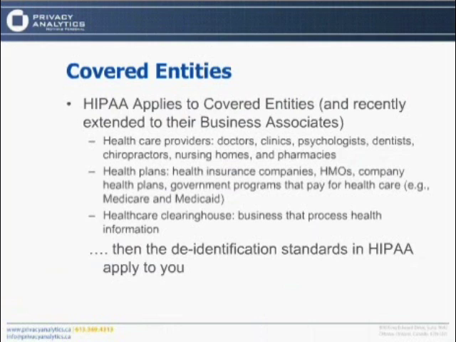And more recently, HIPAA has been extended to apply to business associates, who are essentially subcontractors to these covered entities. If you're not within the scope, then HIPAA would not apply to you. So all the de-identification standards or regulations under the HIPAA Privacy Rule would apply to covered entities only, and not to other types of entities.